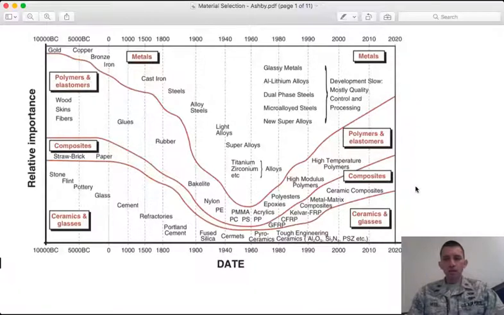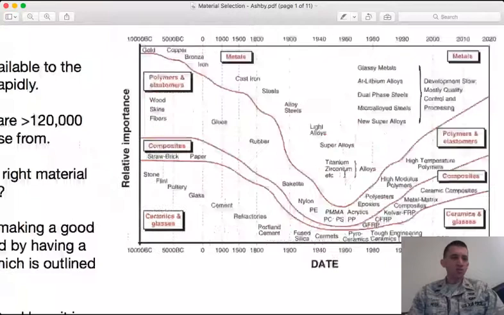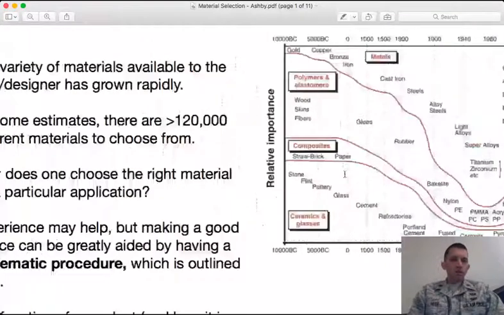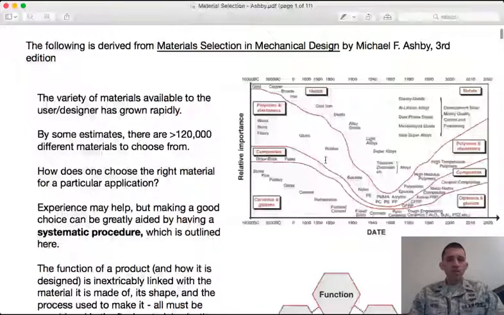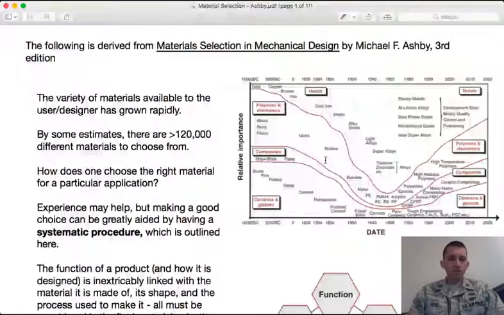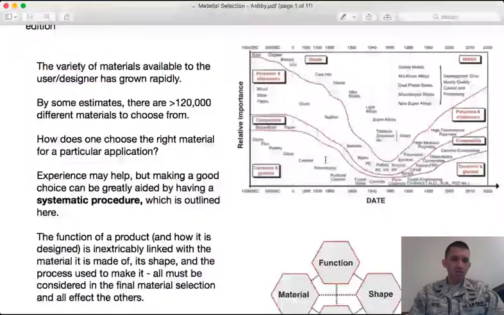You see that shift occurring. And so if you add together all of this growth in materials, we find that we have a great number of materials from which to choose, right? A number quoted by Ashby is more than 120,000 different materials to choose from.